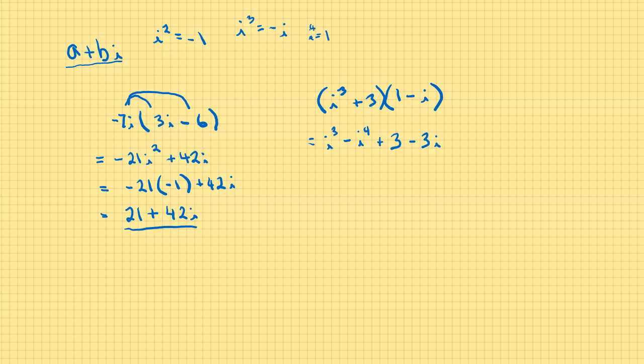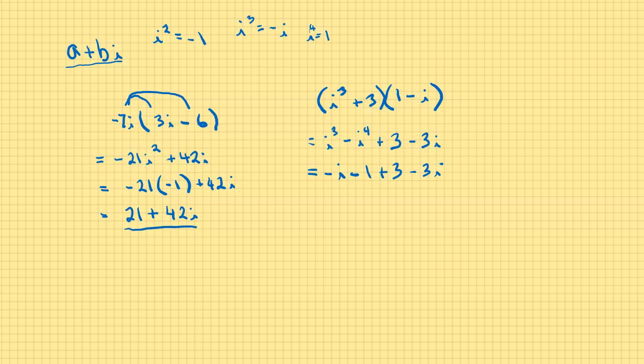Okay, so let's use those facts to simplify our answer. So i to the third is -i. i to the fourth is 1. Okay, that makes it easy. So this is -1, and then we have plus 3 minus 3i.